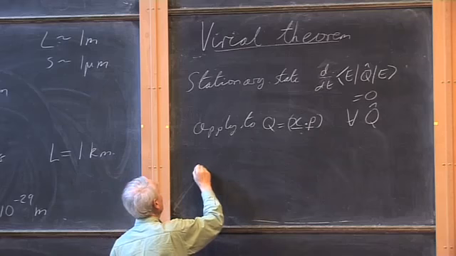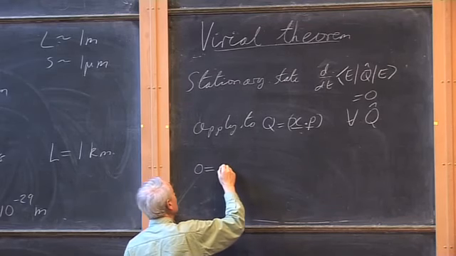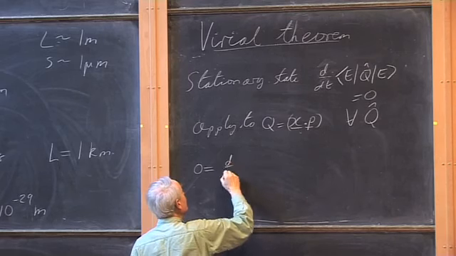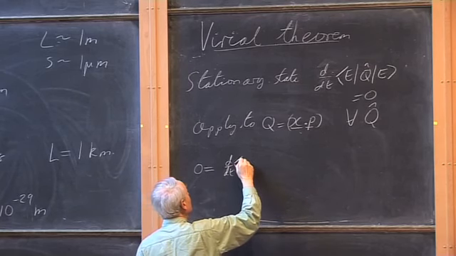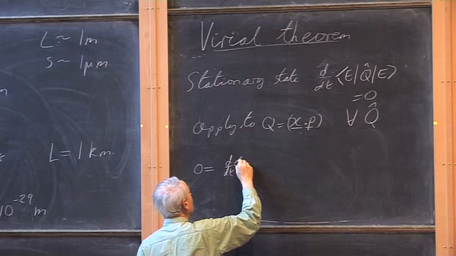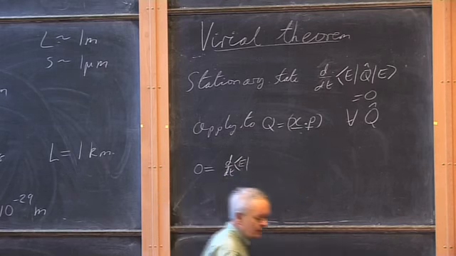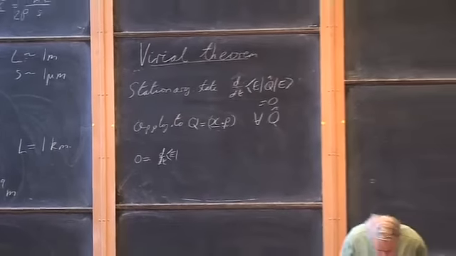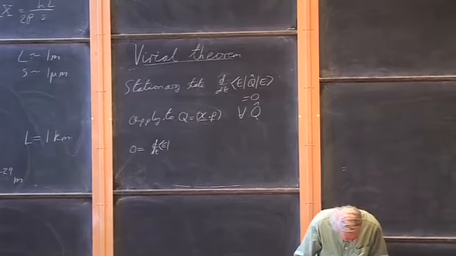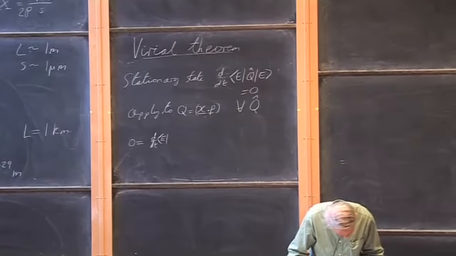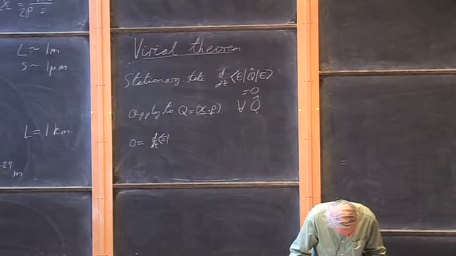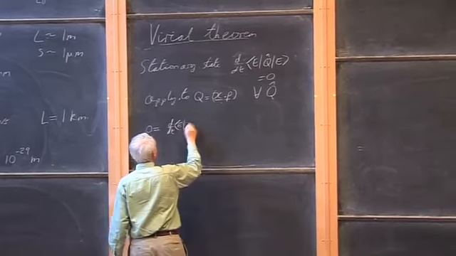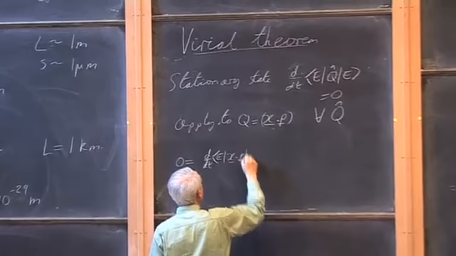So then we have that naught is equal to d/dt of the expectation value of x dot p.